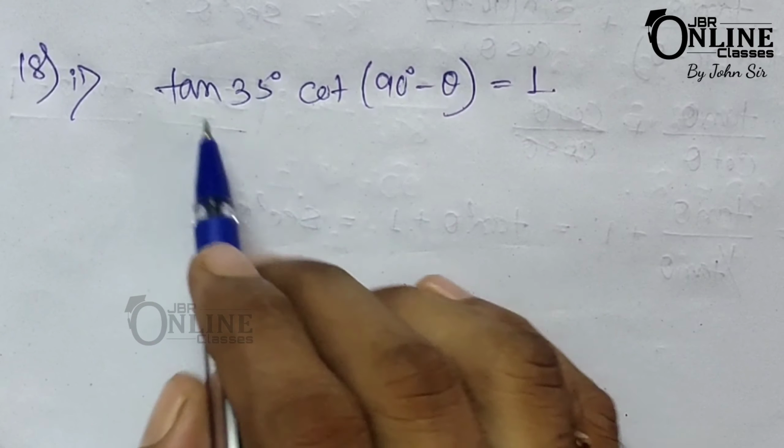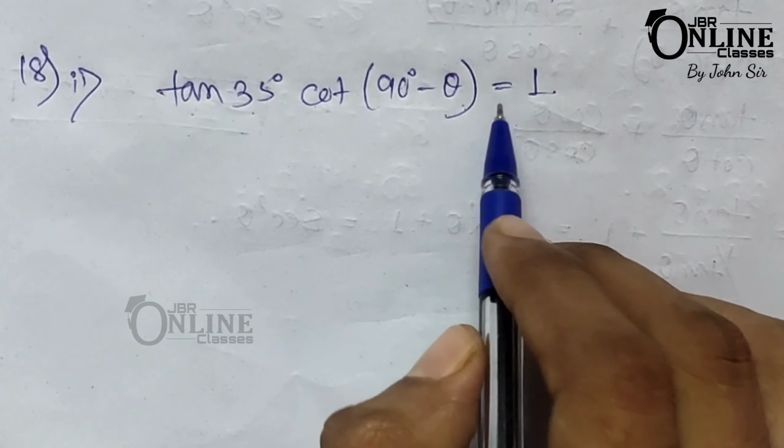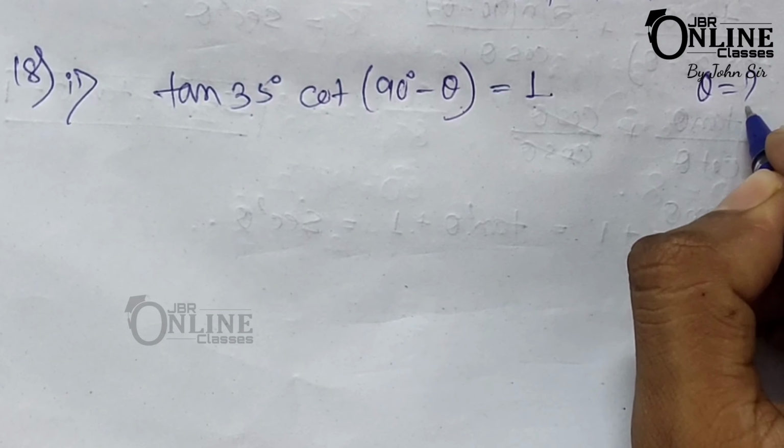18(2). Here tan 35 into cot 90 minus theta equals 1. Now you have to find the value of theta.